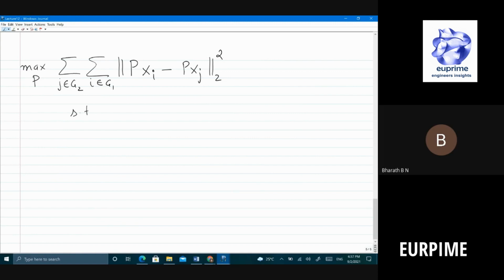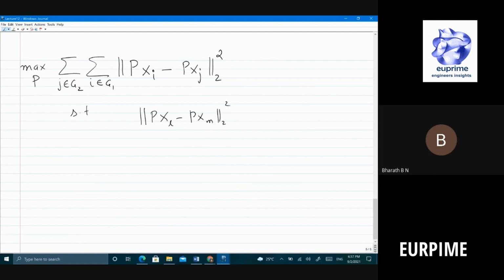Of course, I can do it in many ways. So what should happen within the cluster? It should be small, right? How do I write that? Again, I'll write a different one. I'll say Pxl, Pxm, with l and m.